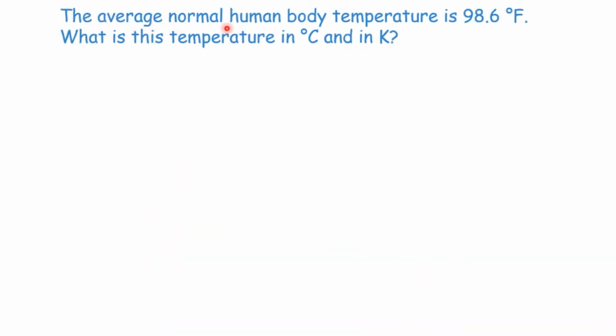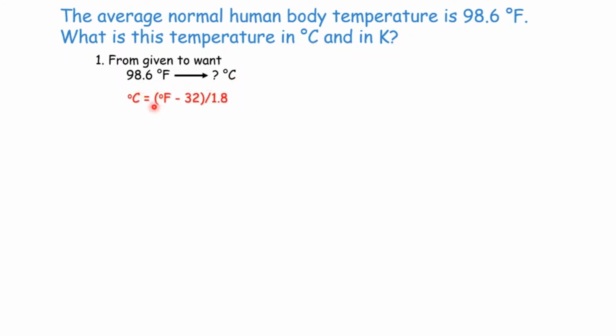The average normal human body temperature is 98.6 Fahrenheit. What is the temperature in Celsius and Kelvin? Again, so what do we know? What is wanted? So we do know 98.6 Fahrenheit, and first we need to convert that to degrees Celsius.